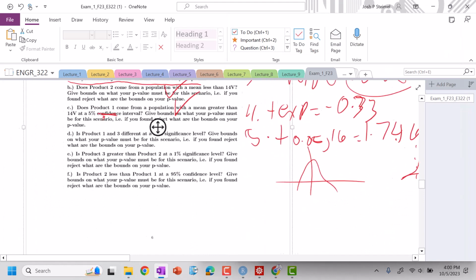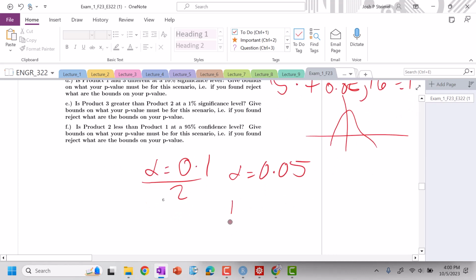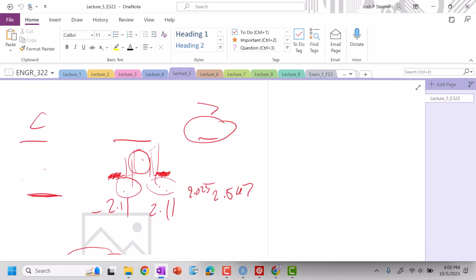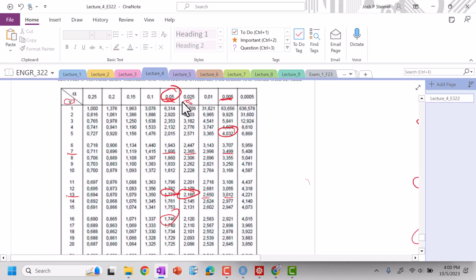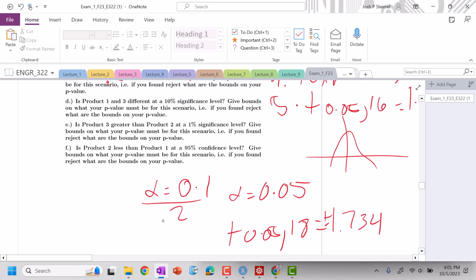So in this test, I'm looking at 10% significance, so alpha equals 0.1, but it's divided by 2, so alpha equals 0.05. And our t of 0.05, with new, let's say 18, is plus or minus 1.734, because it's a two-tail test, since we're looking at those differences.